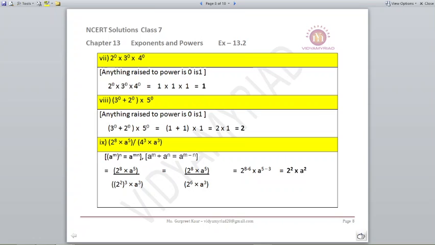Now I have 2 and a with me. So 2 will be written as 2 raised to power 8 minus 6 multiplied by a raised to power 5 minus 3. Answer is 2 raised to power 2 into a raised to power 2.